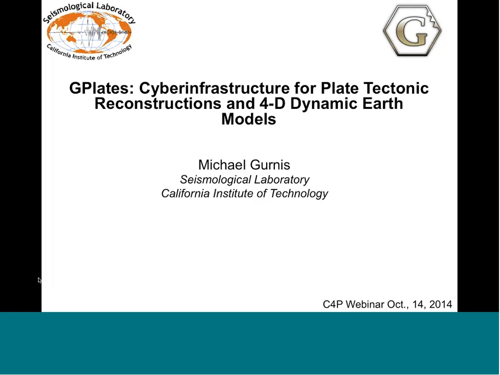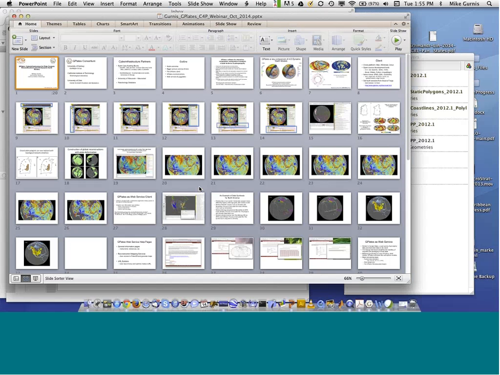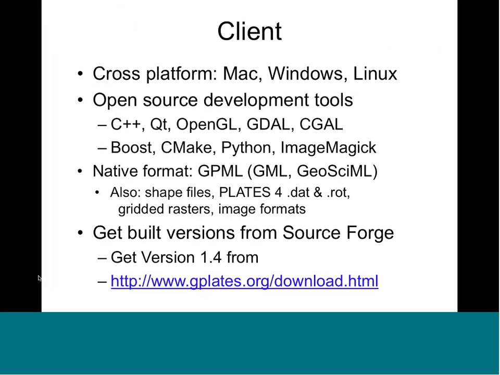Yeah, so I believe that we can handle shapefiles over the web. Our web service is processing GeoJSON data. GPlates can handle all kinds of different data, in the client, and hopefully in the future our web service will as well. We can take raw point data, and we have scripts that convert it into what we call GPML, the GPlates Markup Language, which is a specific articulation of GeoSciML and GML.